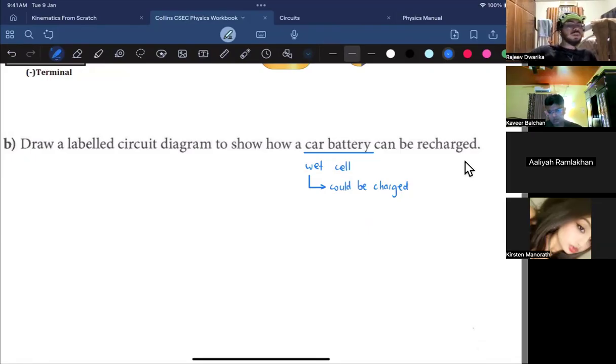What could we do with AC voltage? What's so cool about AC voltage? What could we change in it? We could change its blank using a.